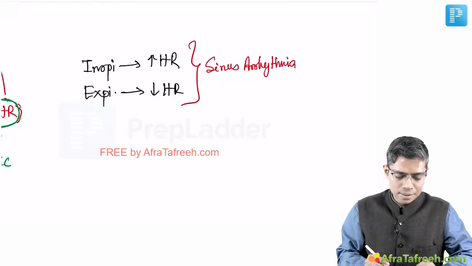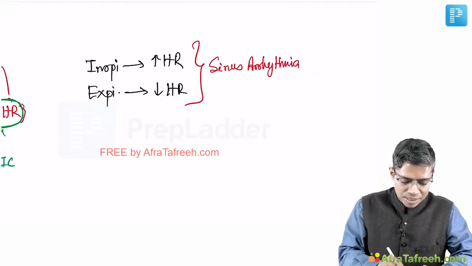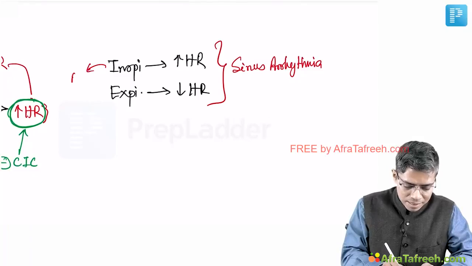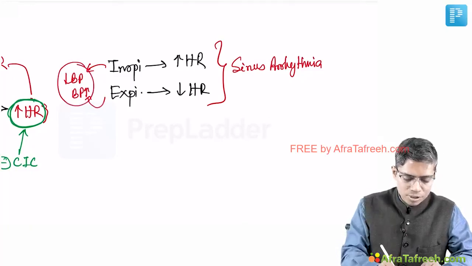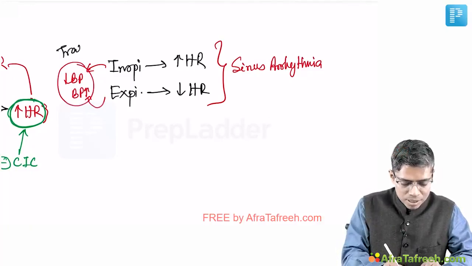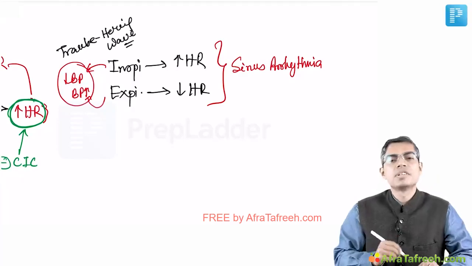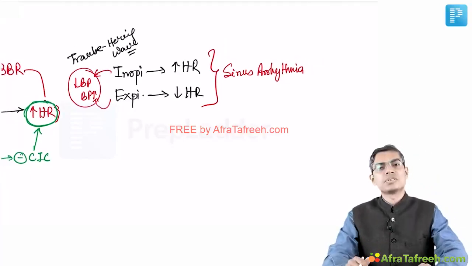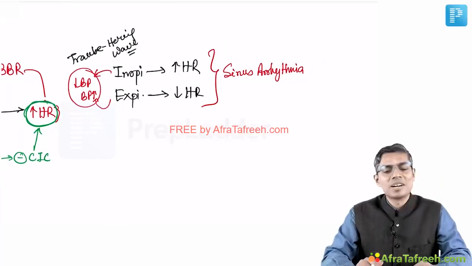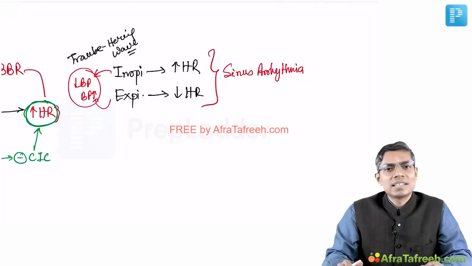And we have also seen that during inspiration the BP decreases, and during expiration the BP increases. If you record this fluctuation of blood pressure, that is nothing but Traube-Hering wave. So this is all about your regulation of blood pressure and applied aspect.